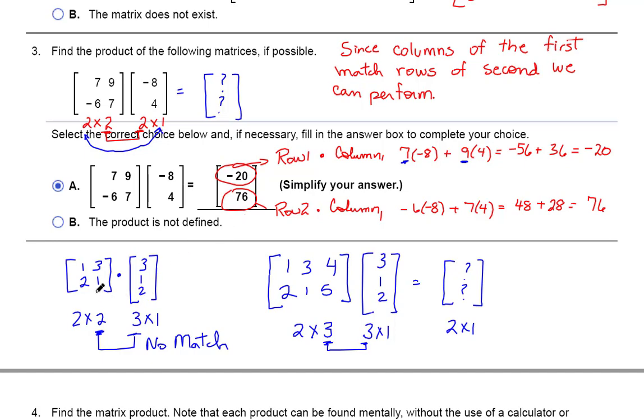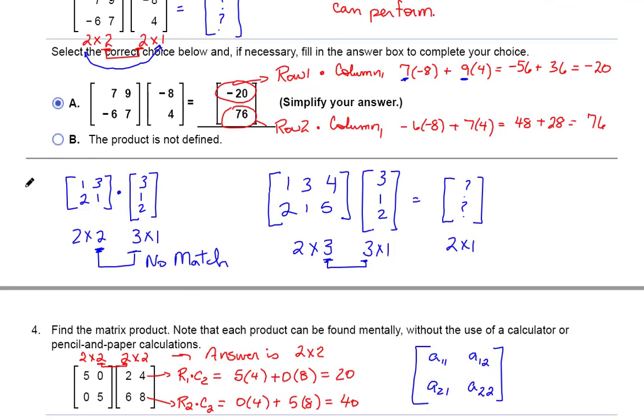Now in this example, what I'm showing you here is this particular operation is not possible because this is 2 by 2 and this is 3 by 1, and the number of columns doesn't match the number of rows of the second matrix.